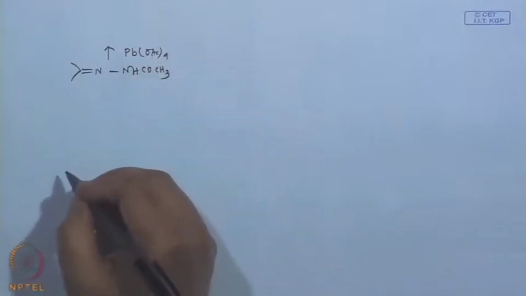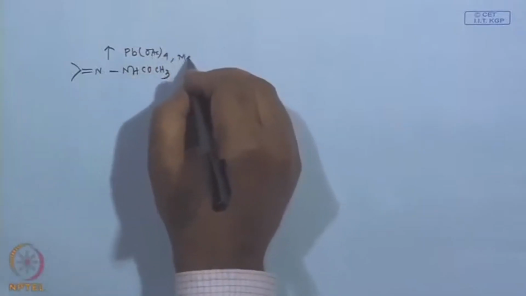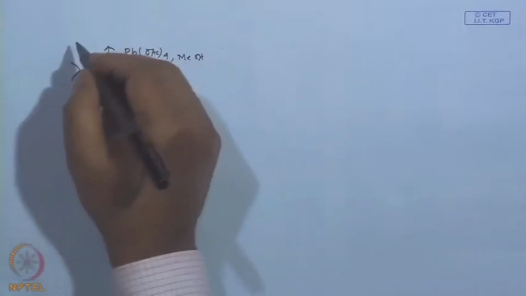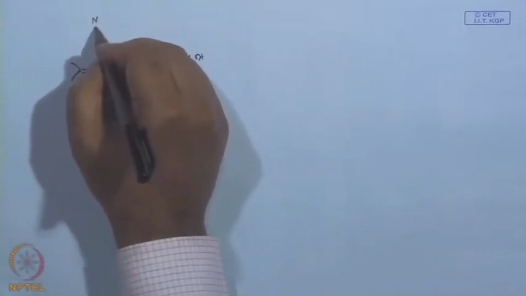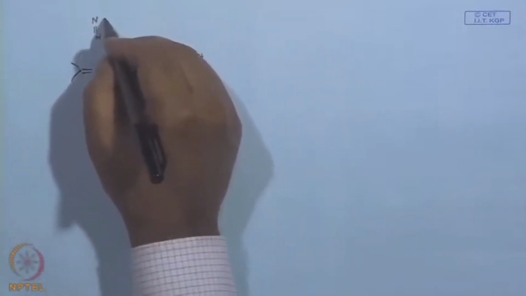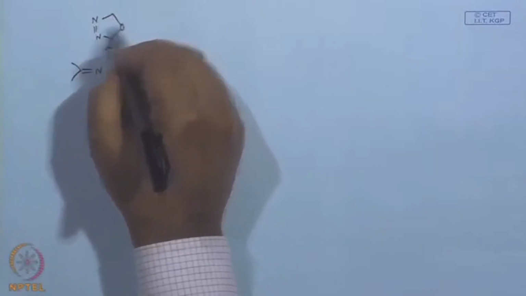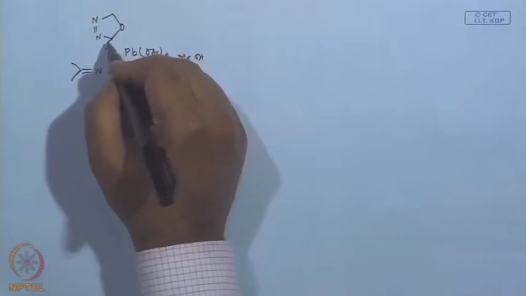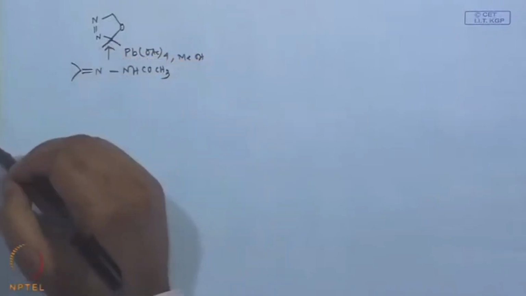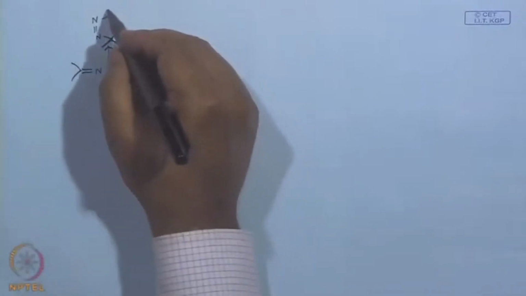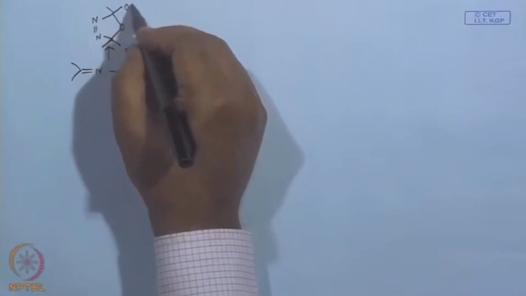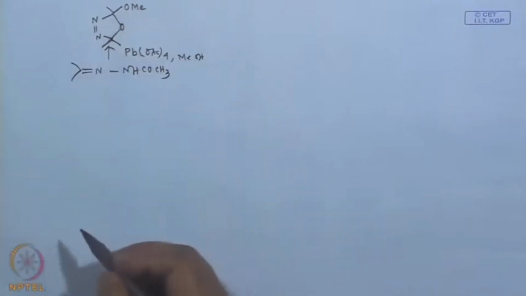If you treat with lead tetraacetate and methanol, what you will get? You will get a 5-membered diazo compound, or say pyrazole, 5-membered oxopyrazole, and like this. So, you have a methyl group, and then on the side you have this. So, this was known.